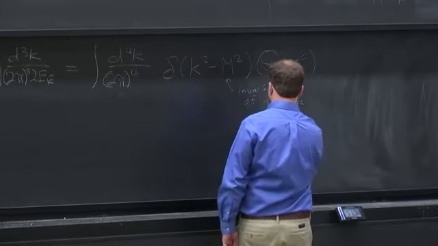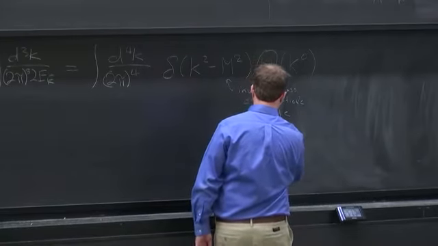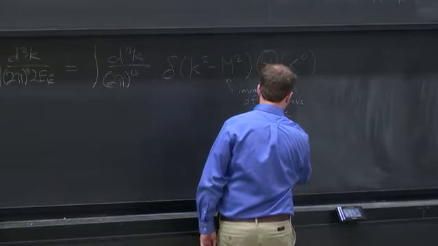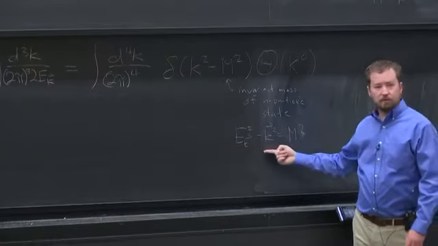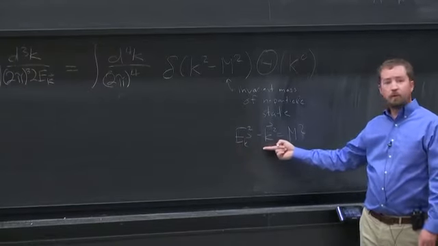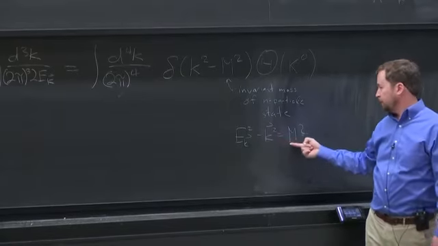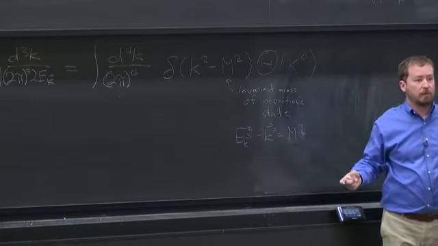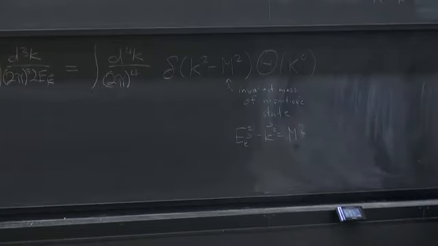In other words, if Ek squared minus k squared is m squared, we can take this difference of the total energy squared and the total 3-momentum squared for a multi-particle state. That's a Lorentz invariant quantity. We call it the invariant mass of that state.